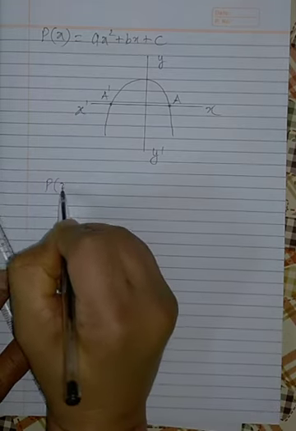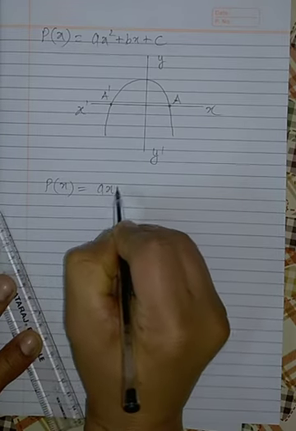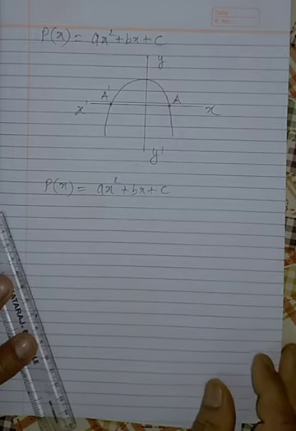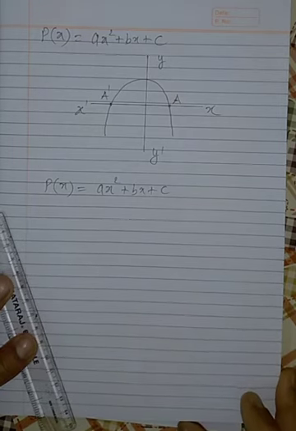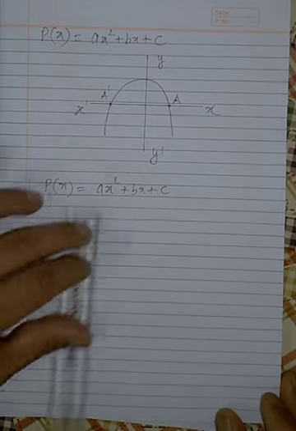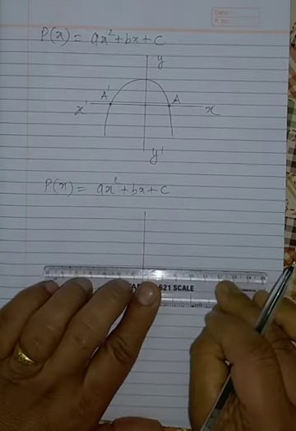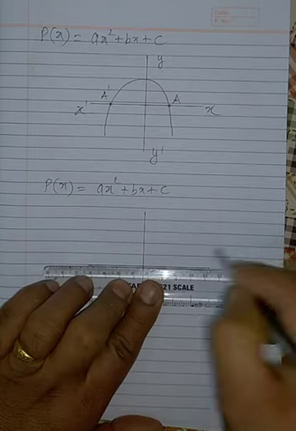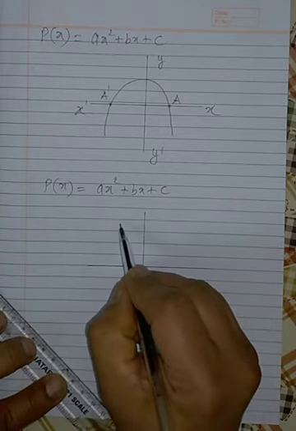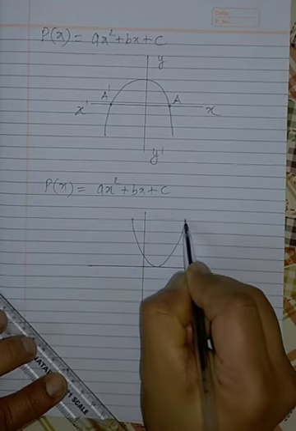Now let us see one more presentation for the quadratic polynomial. So p(x) is equal to ax square plus bx plus c, which is our quadratic polynomial for the variable x. Suppose on plotting the values on the Cartesian plane, the graph obtained is something like this.